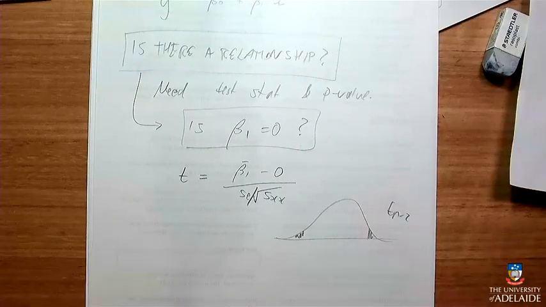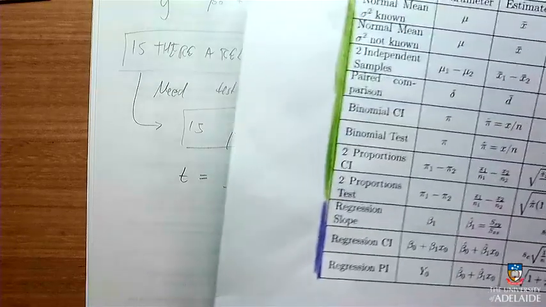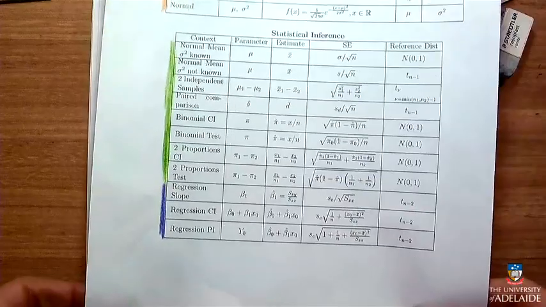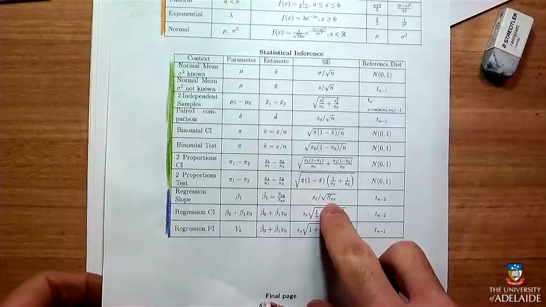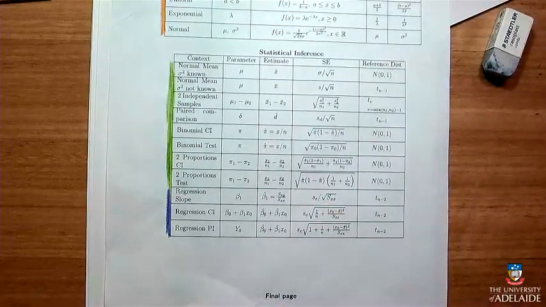Yep? Values like SE and SXX there, are they going to be given in the question? So the question for the recording was, values like this SE and this SXX, are they going to be given to you? In an exam, yes. Because they're calculated by doing a standard deviation of like 50 values.